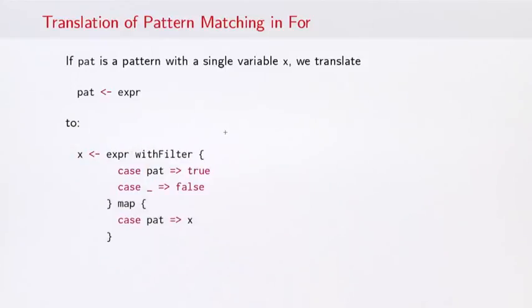And that would be translated to this expression here. So we take the generator expression, run it through withFilter, where we say keep only those elements that match the pattern, otherwise return false, and so the elements would be dropped. And then that result in turn gets mapped with the function that takes a pattern and returns x, the variable that is in the pattern.